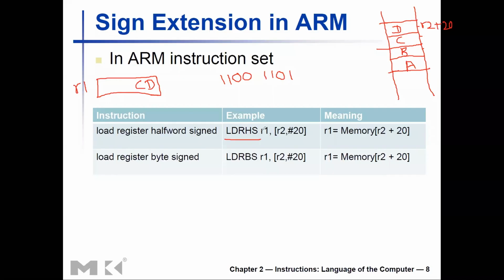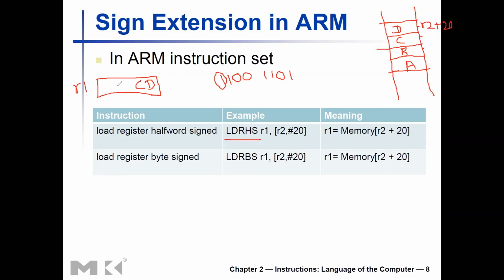Now, when you execute this instruction, what it does is it extends the sign of this 16-bit half word. It does the same operation we've been talking about earlier in the sign extension theory part. It will take this bit and replicate it into the other 16-bit locations.